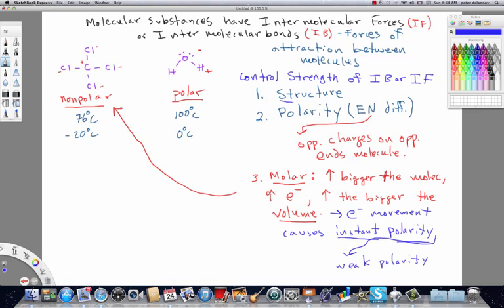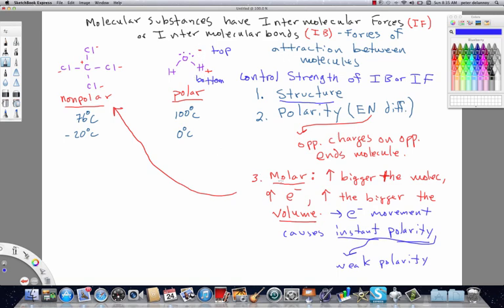The structure of the molecule, like in the case of water, we have a top and a bottom. Then correlating with that, in terms of number two, we have opposite charges that end up on opposite ends of the molecule.